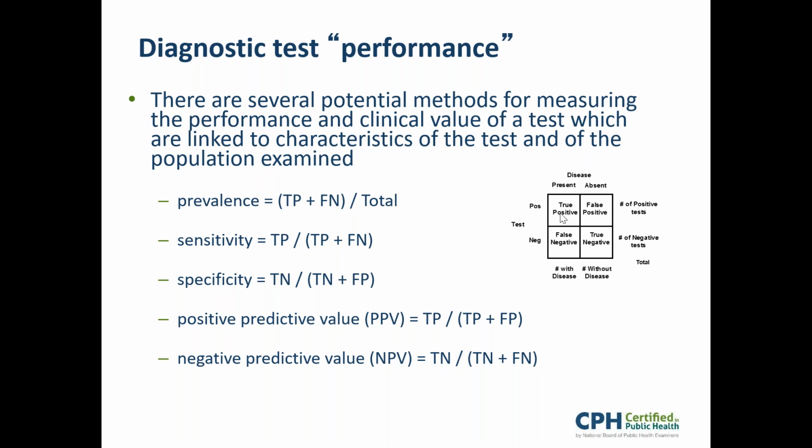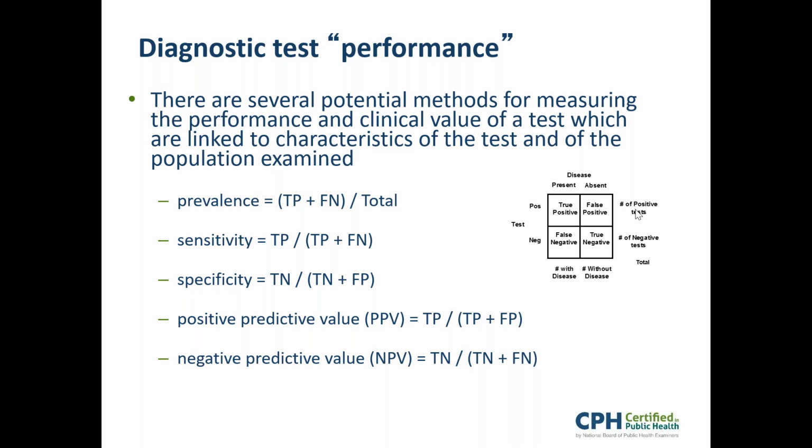The specificity, on the other hand, looks at the true negatives. Among those who don't have the disease, how many will test negative. So sensitivity and specificity are all about the disease, and we're looking at the columns here in the 2x2 table. When we want to look at the characteristics of the test, we're looking left to right.